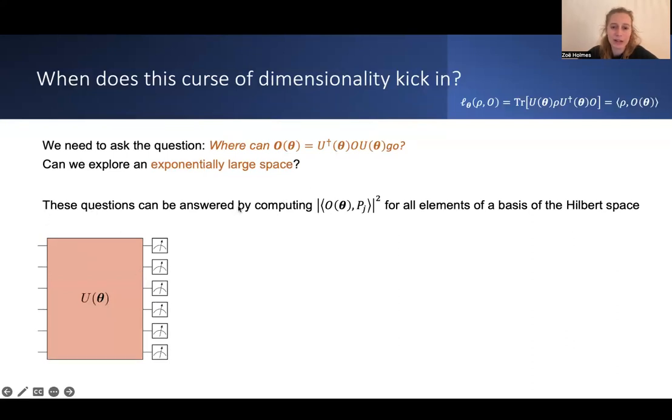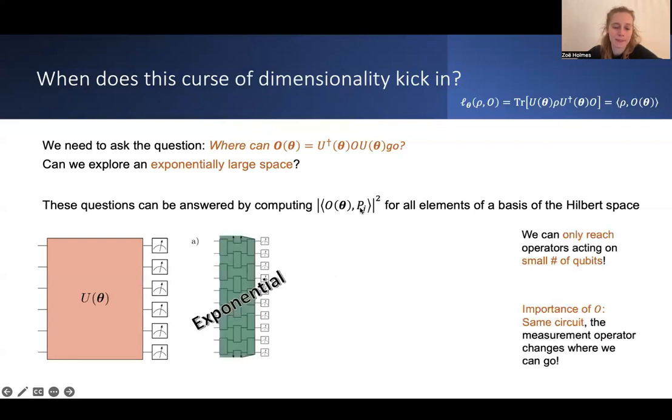These questions can be answered by computing the overlap between the Heisenberg-evolved observable and some basis for the Hilbert space. So these P_j terms are just basis operators for the Hilbert space. It could be Paulis or whatever your favorite basis is.